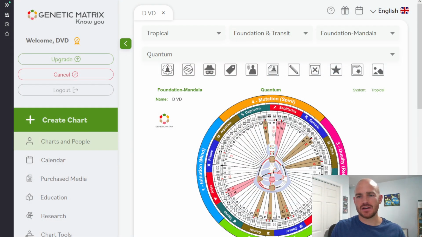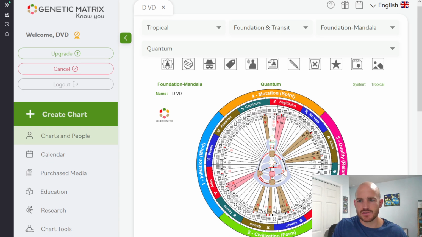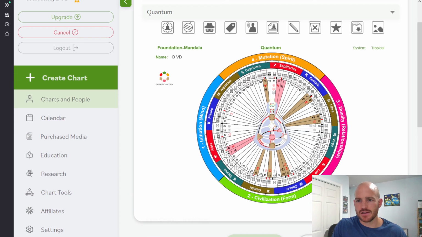So let me hop over to the mandala, the Rave Mandala. I'm going to adjust some things here. That's too much, so let's bring that up so we can see it a little bit better.